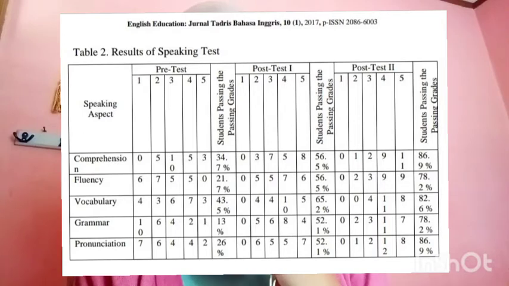The following table presents the result of the speaking test in the pre-test, post-test 1, and post-test 2. Based on the table above, it can be seen that the percentage of students passing the passing grade of each speaking aspect in post-test 1 was less than 75%, so it could be said that Cycle 1 was unsuccessful.